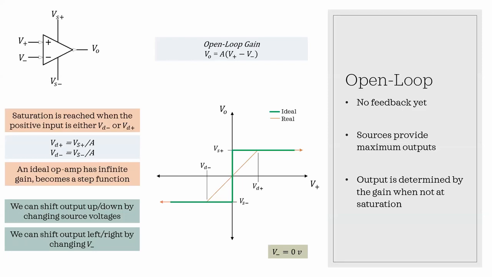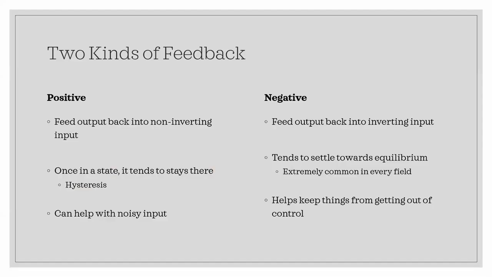But now we're going to look at some feedback, which does have some math involved. Now there are two kinds of feedback, positive feedback and negative feedback. And we're going to limit our discussion of these to op-amps, since there are entire courses on feedback. Positive feedback feeds our voltage out back into the non-inverting input, or V plus. And this tends to create a situation called hysteresis.